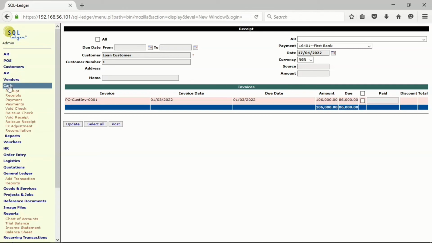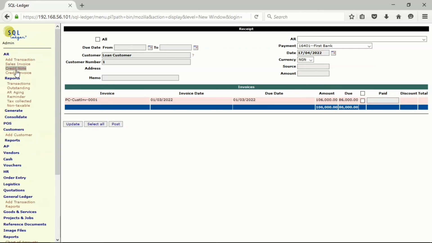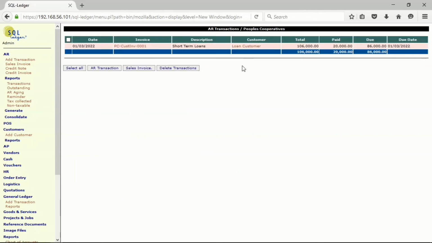Now, you can still go ahead and check. If you want to know how much is owing, you select transactions. You select transactions here, and you uncheck this. You check the due, and you take the date that he paid that amount. You could see from here that you get your report out clearly.